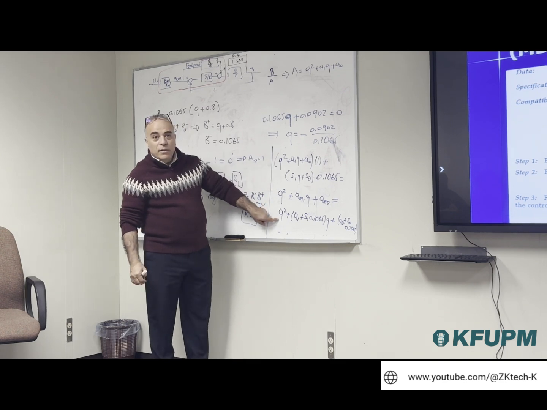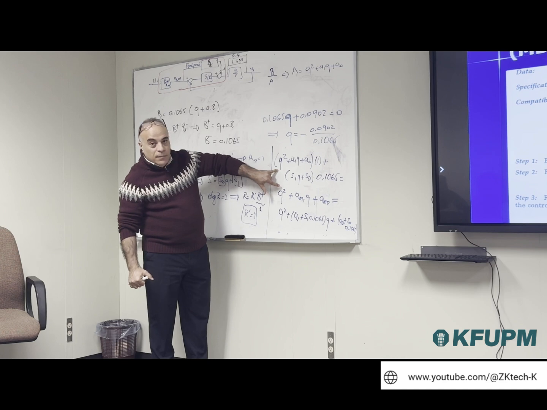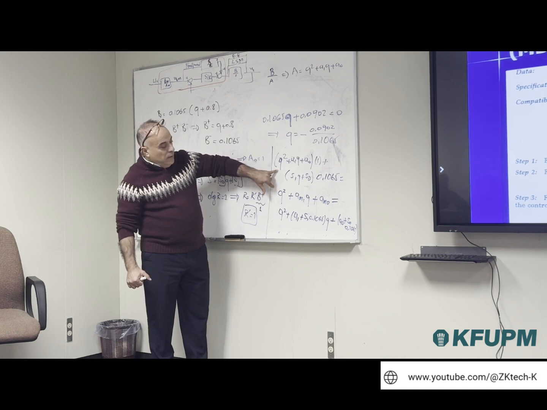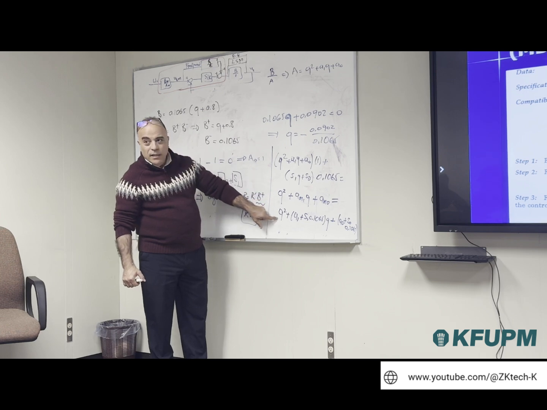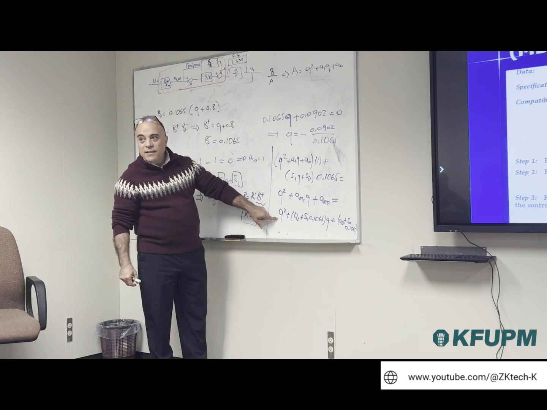Everybody understood from where I got this equation? You have to find this. So this equation is coming from this equation that we have in the top here. Anything not clear in my writing here?